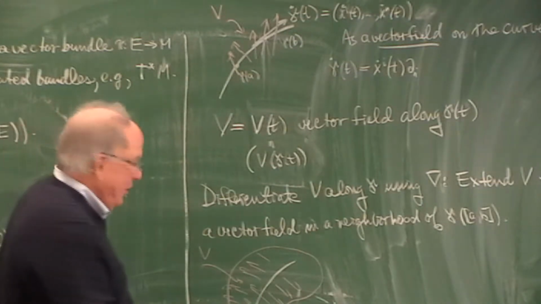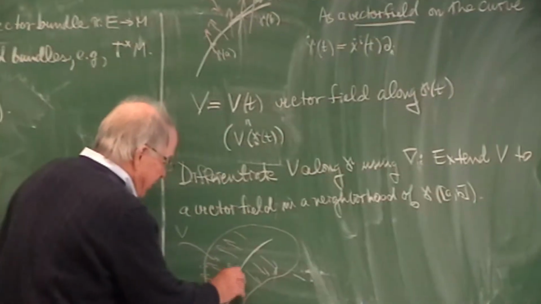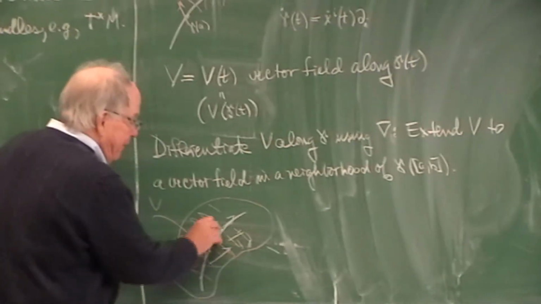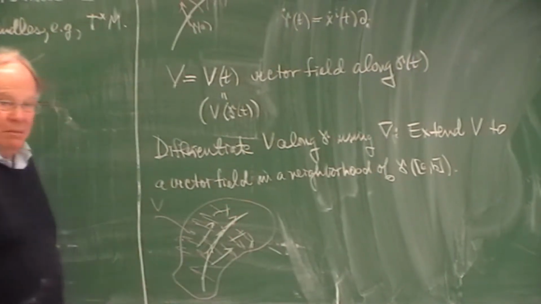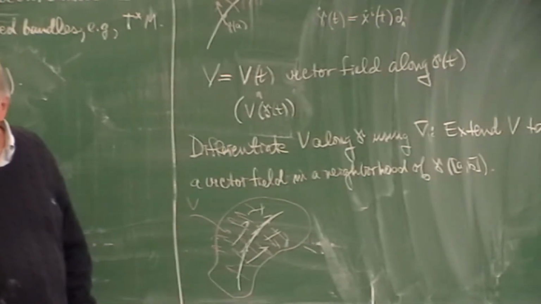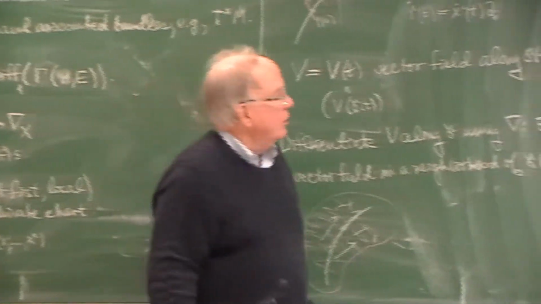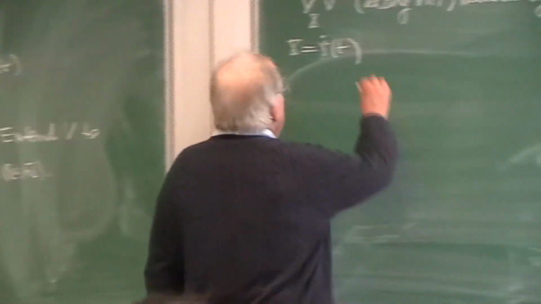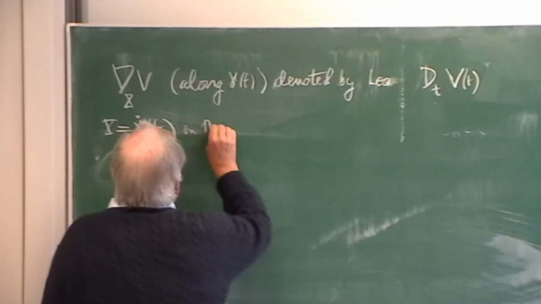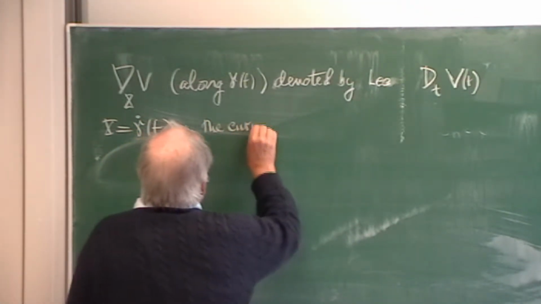But what is x? Of course you know. You just reminded me. And you have gamma of t here, differentiated, and you have to extend this also to really make sense out of it. But really nothing depends on any extension. So that's really just gamma point along the curve. Thank you.